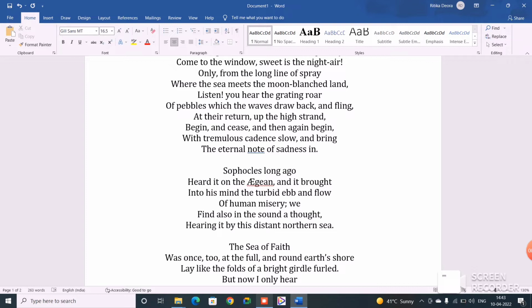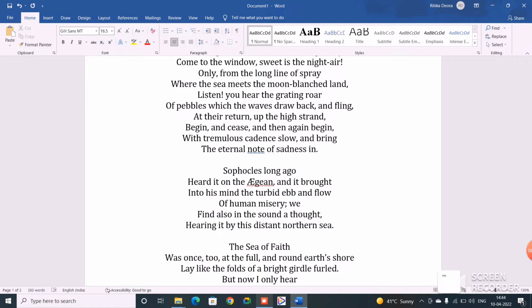So why is the poet making an allusion or a reference to Sophocles? Because the poet is saying that the way Sophocles has written in his plays about human misery, the poet, while standing on the Dover beach, is feeling the same thing. Whatever Sophocles has written in his tragedies, the poet is able to feel it while standing on the Dover beach.